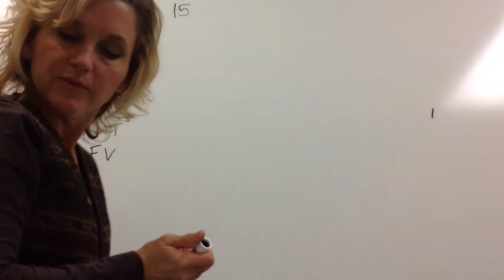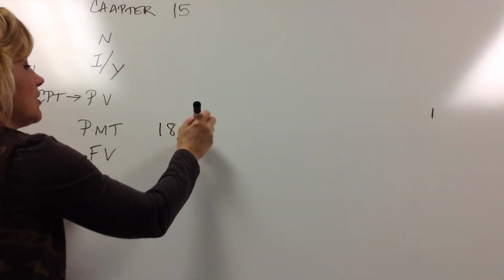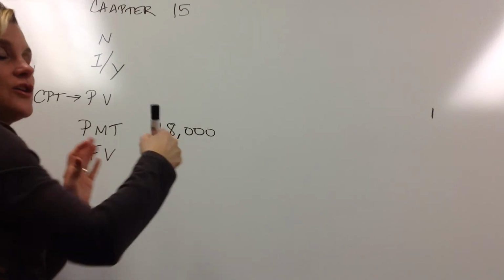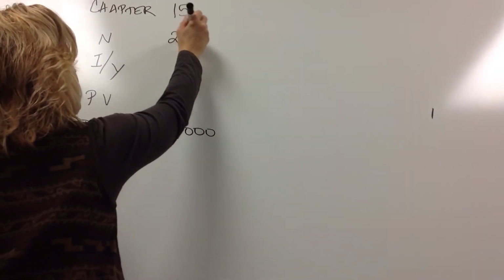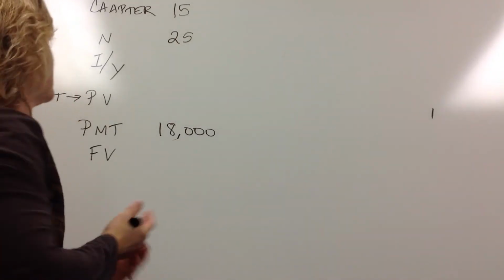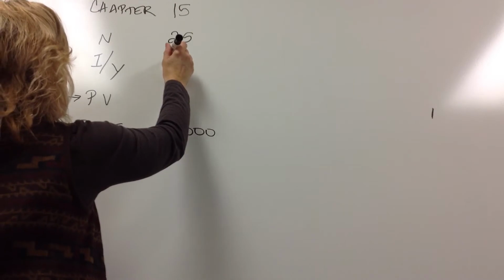So he wants to be able to withdraw $18,000 at the end of each year. So that $18,000 at the end of each year indicates a payment. He thinks he's going to be retired for 25 years before he would die. He's earning 7% on his investments.